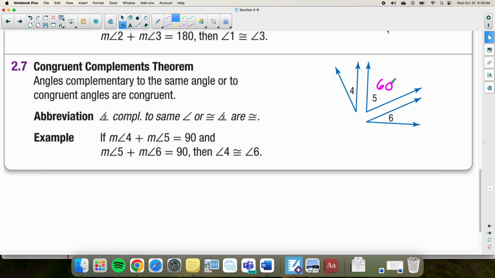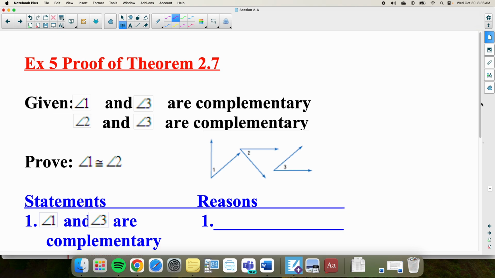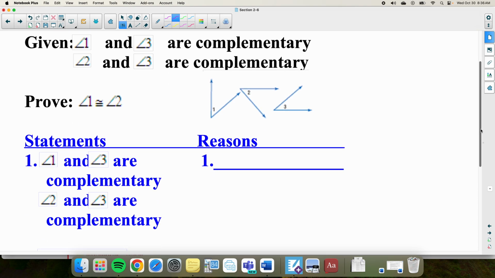How much would 4 be? 30. And then let's say they told you 6 and 5 were complementary. This one would be 30. So if you have two angles complementary to the same angle, the only way that's happening is if those two are equal. Okay?